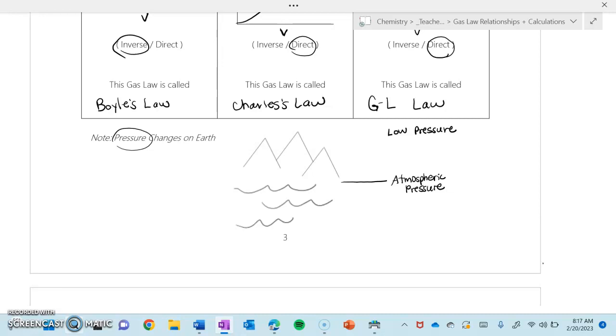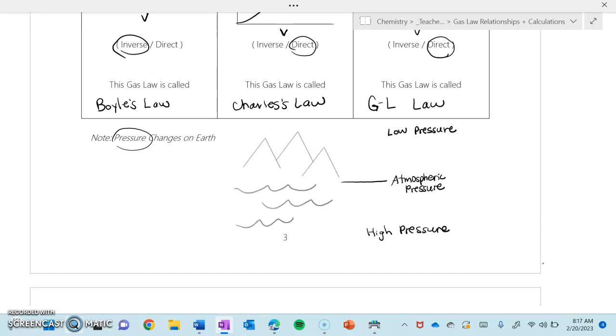And as we go down into the ocean, we have more density of water particles packing around you, so this causes higher pressure the lower you go into the ocean.